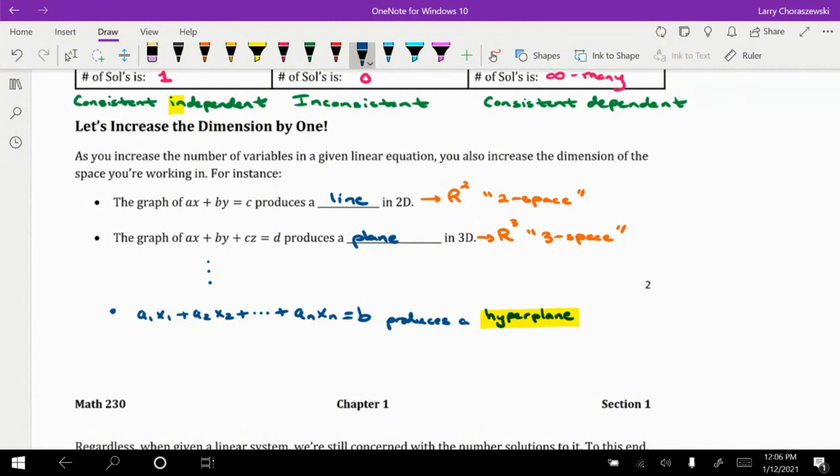And I'm going to say that that's produced or lives in the, I'm not going to write ND, I'm just going to write this as R with a superscript N. And we would refer to that notation as N space.